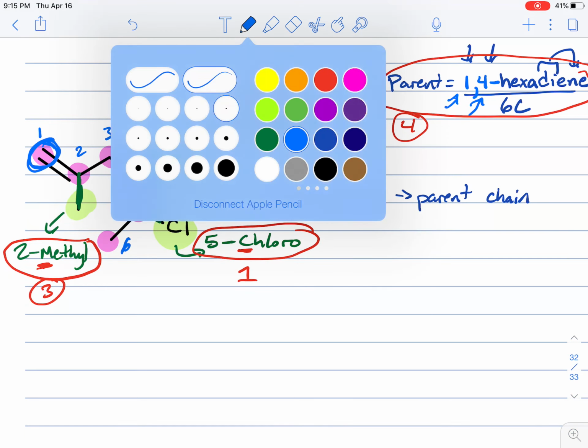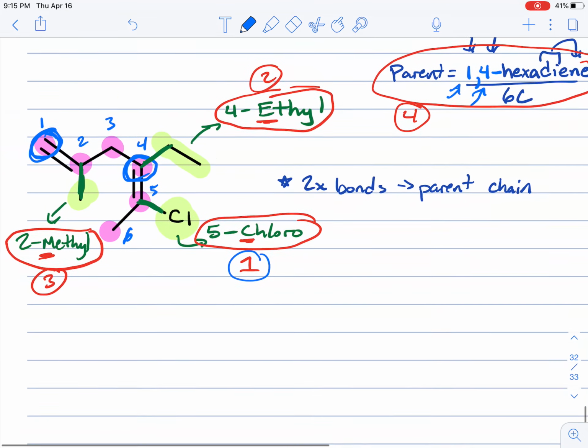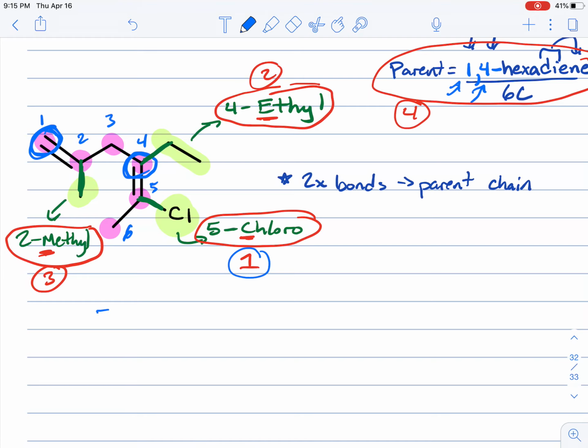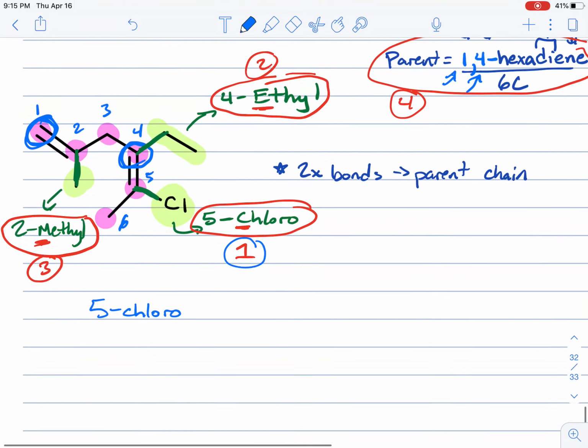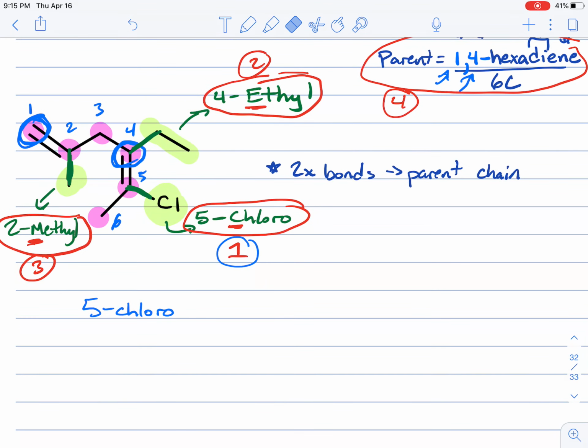So let's go ahead and combine all of this together based on what I just identified. So I'm going to write 5-chloro first. And then I'm going to write my ethyl second. So 4-ethyl.